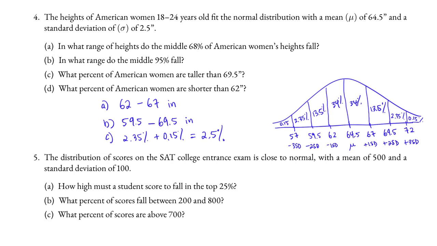Or alternatively, we know that the left hand side of the mean is 50%, and we want all of this shaded area on the left hand side of 62. Knowing that half of this graph is 50% and the area from the mean to one standard deviation is 34%, we don't want this part, so we take 50% minus 34%. We will get 16%.